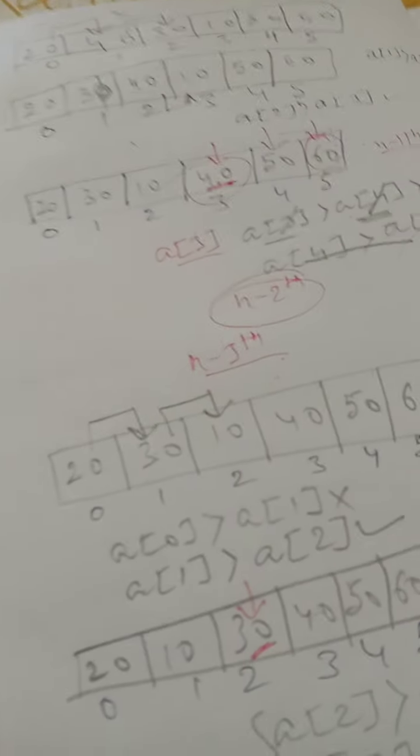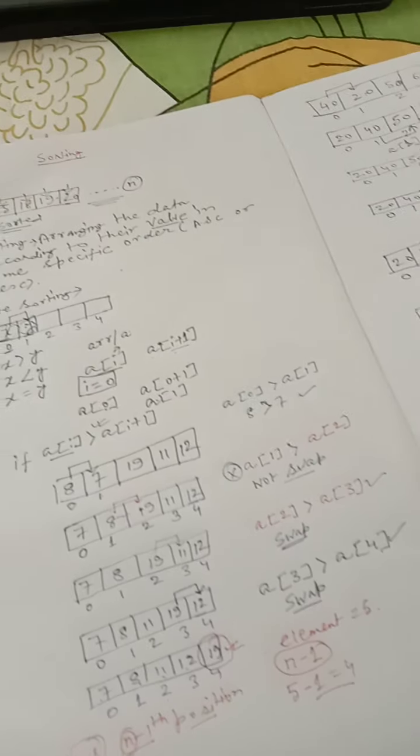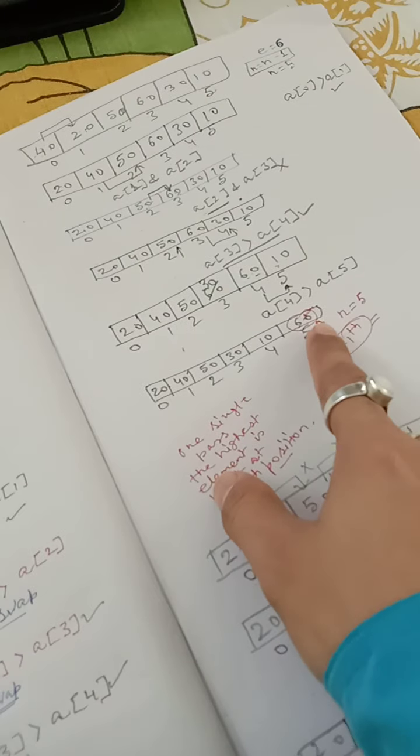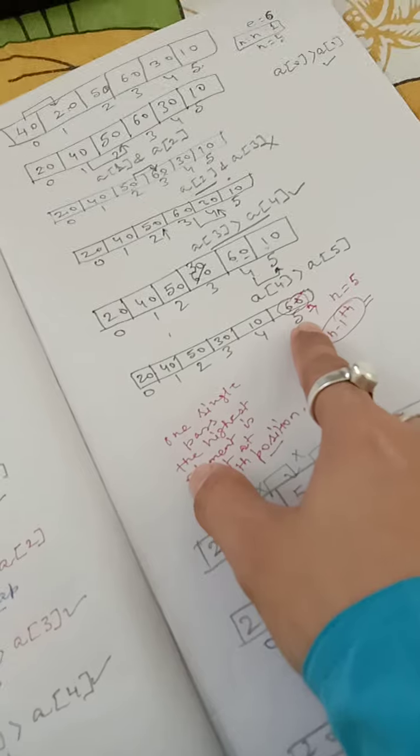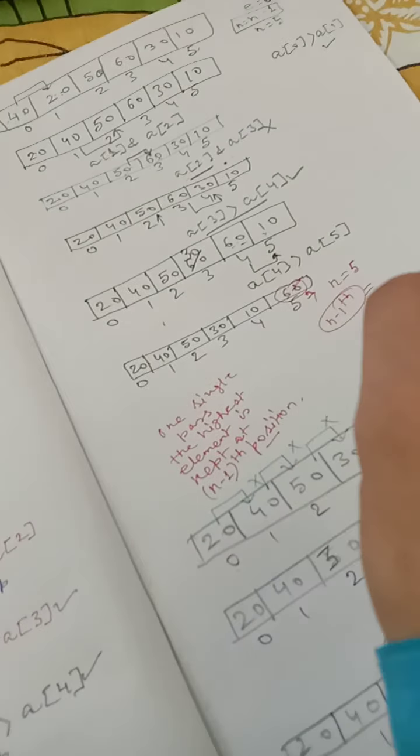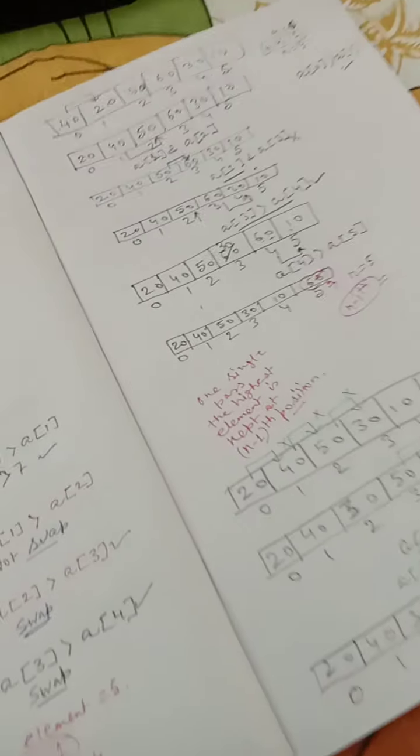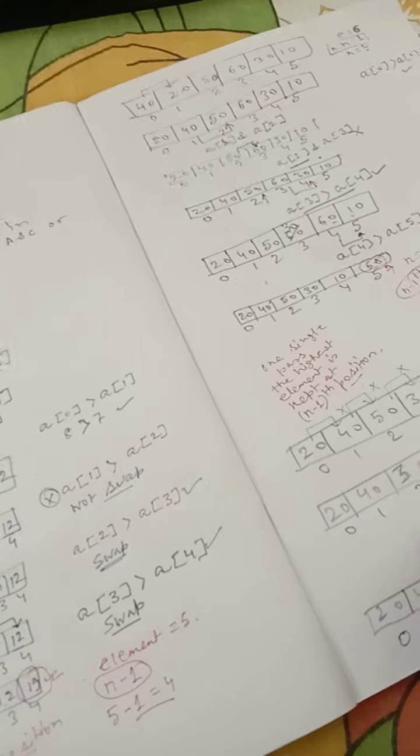Now you see, at each and every pass, the highest element is placed in the most relevant position, that is the n minus 1th position of the array. Now we will be visualizing the entire technique.